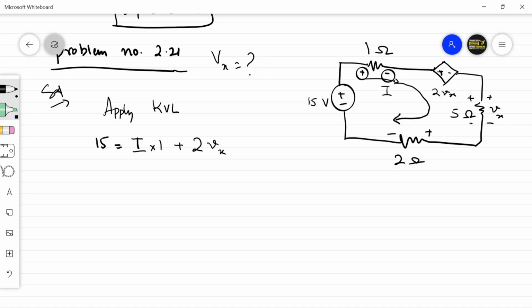I is flowing through this resistance also, I into 5 plus I into 2. So 15 is equal to 2Vx plus 5I plus 1I plus 2I. So this becomes equal to 8I plus 2Vx. So this is equation number 1.